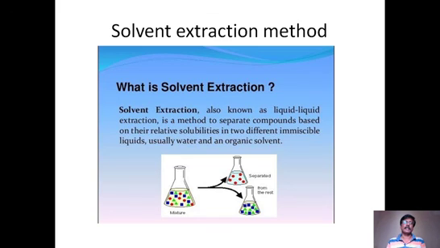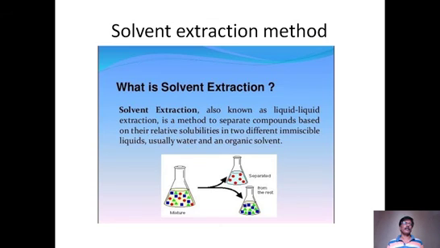What is this solvent extraction method? Solvent extraction, or liquid extraction, is a method to separate compounds based on their relative solubilities in two different immiscible liquids. That means we first take two immiscible liquids, like an organic solvent and an aqueous one, that is water plus benzene or water plus some organic solvent, which are immiscible.